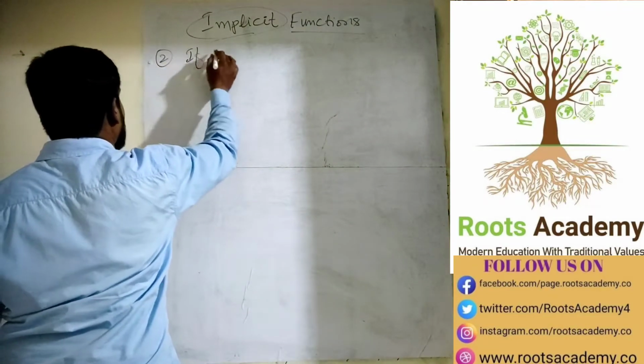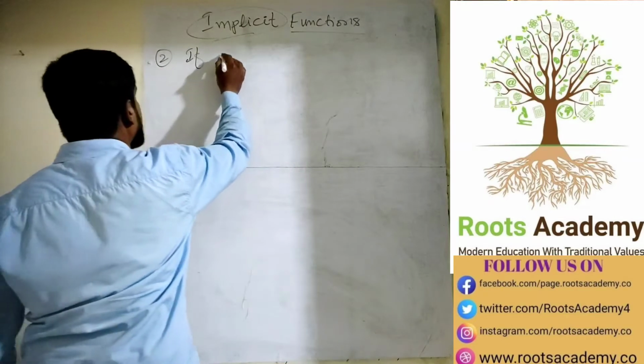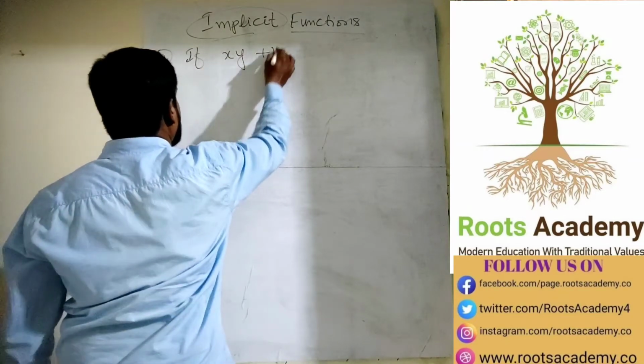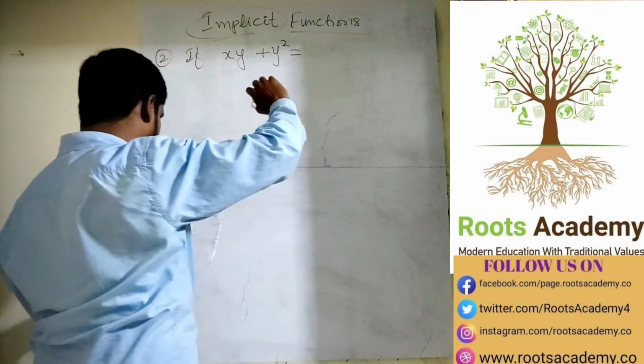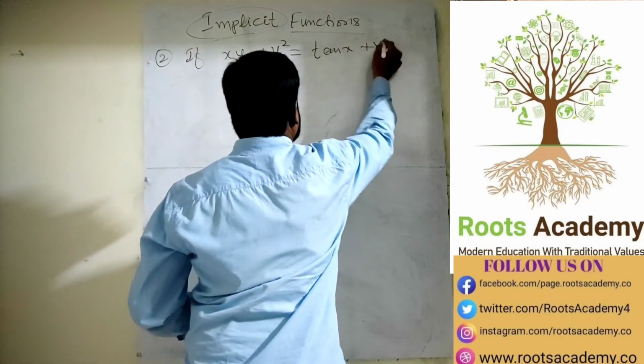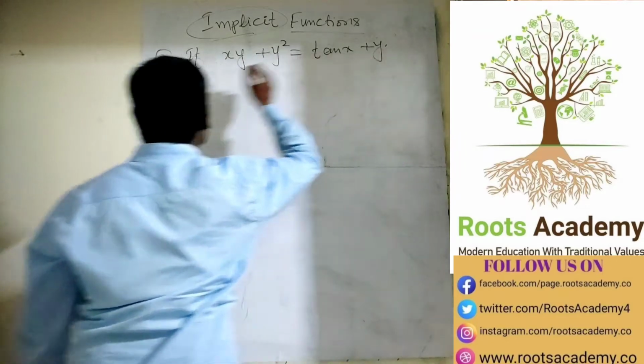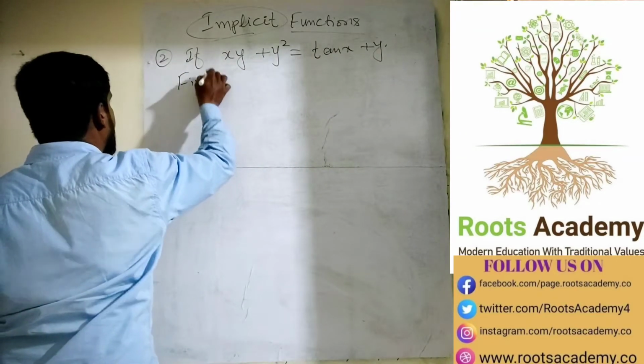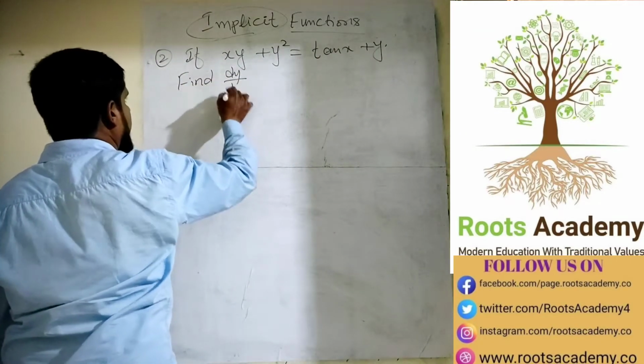If x into y plus y square is equal to tan x plus y, find dy by dx.